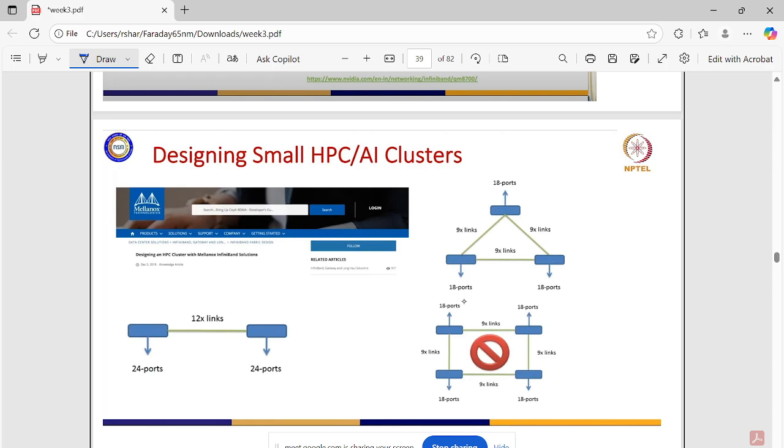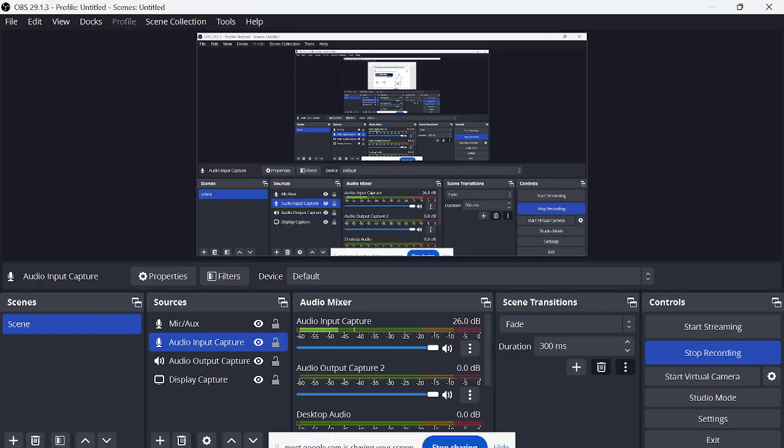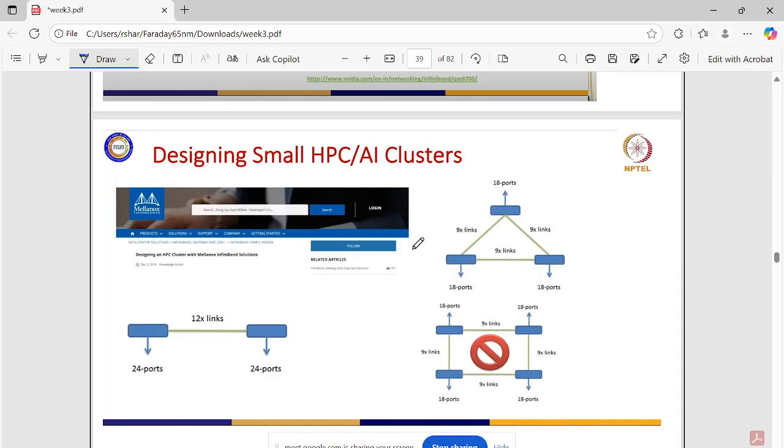A topology in a high performance computing cluster cannot be random. The internet, the World Wide Web, is also in a particular topology, where every endpoint is connected to every endpoint through some link.